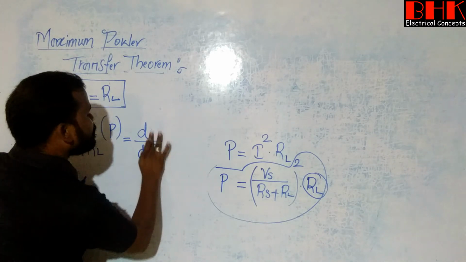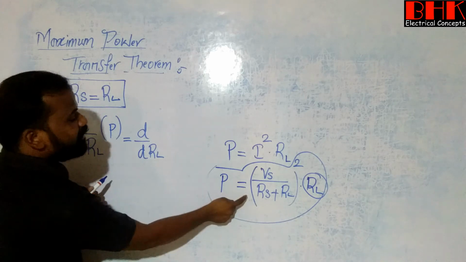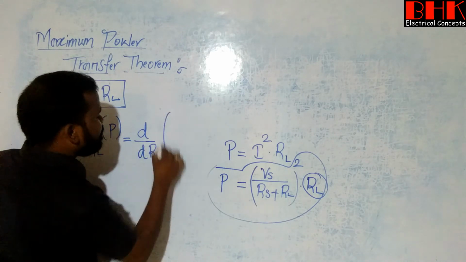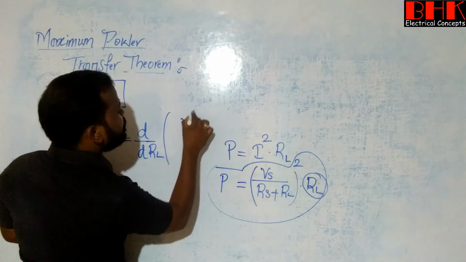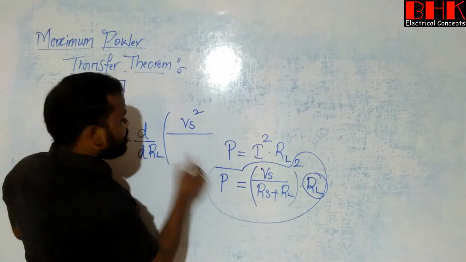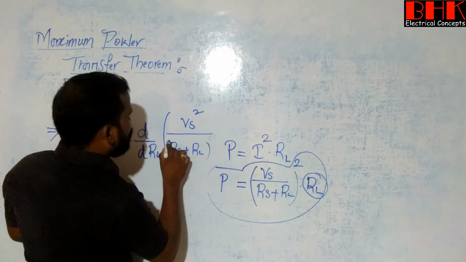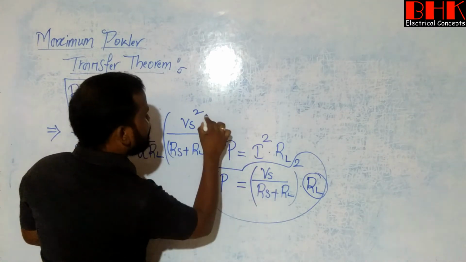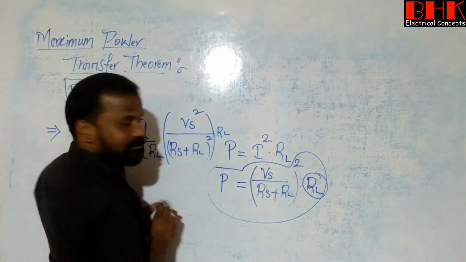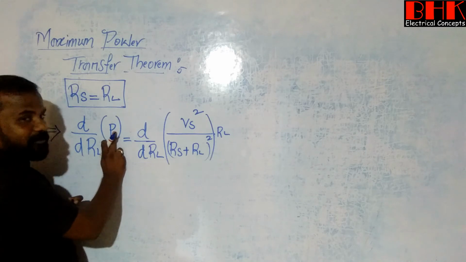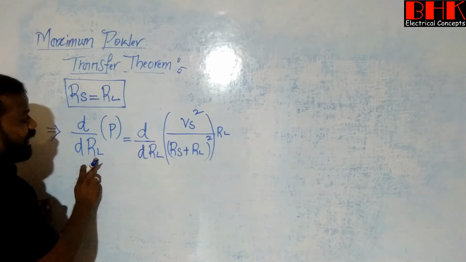Or instead of P, directly we can place this expression here, yes or no? Now simply we can place Vs square divided by Rs plus RL whole square into RL. We are going to differentiate this expression of power P with respect to RL.